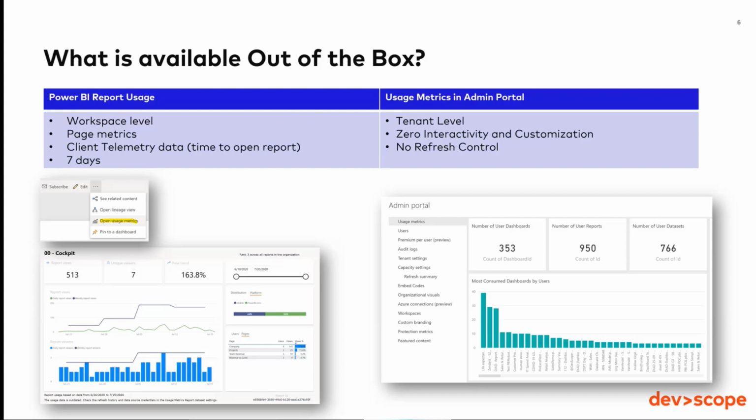I actually don't know when this refreshes, if it's daily. I know that it's not actually real time. It takes a while to update. And you don't have any kind of interactivity. So it just shows you the counters, shows you some charts, and that's it.